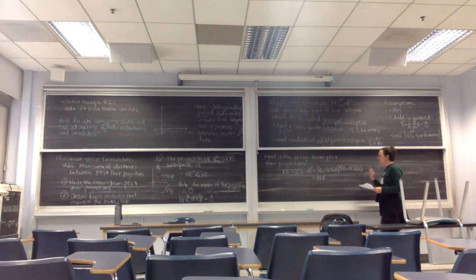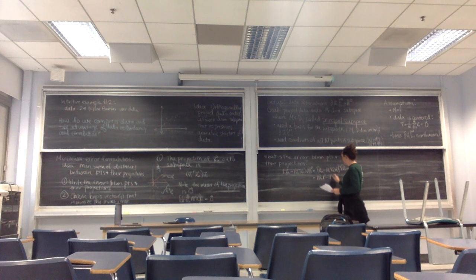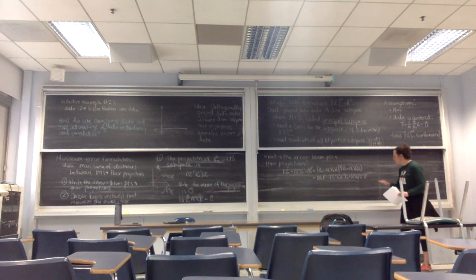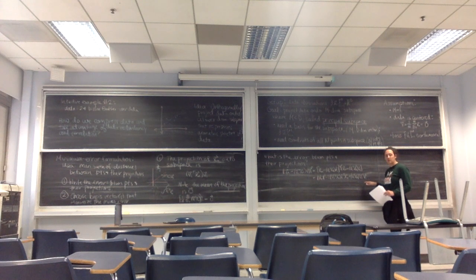We're going to have minus 2 v1 transpose xn times v1, inner product with xn. And then we're finally going to have plus this scalar v1 transpose xn squared times v1 transpose v1. If we simplify this, v1 transpose v1 is 1, right? Because we assumed that our basis was orthonormal. So we have v1 transpose xn quantity squared.